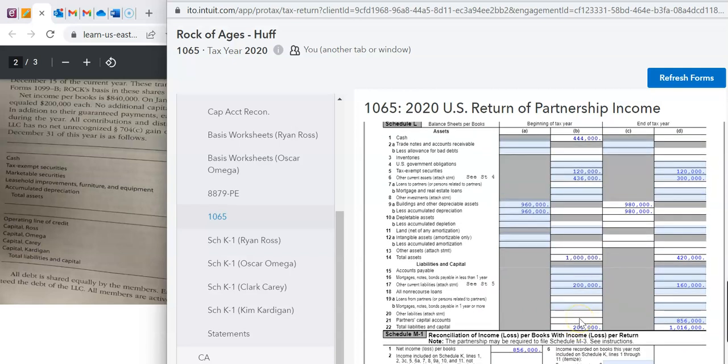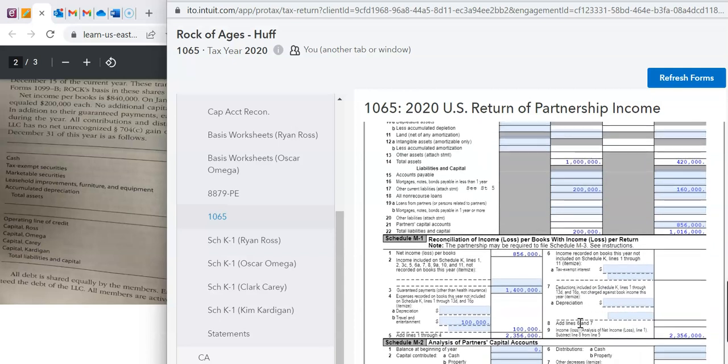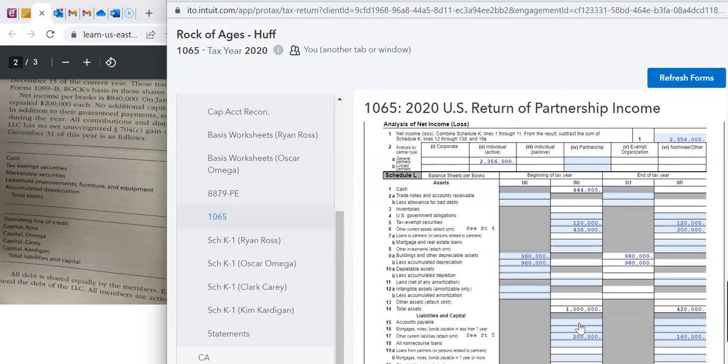Okay, so our partner capital accounts did not come through. I don't know why. We'll have to figure that out.